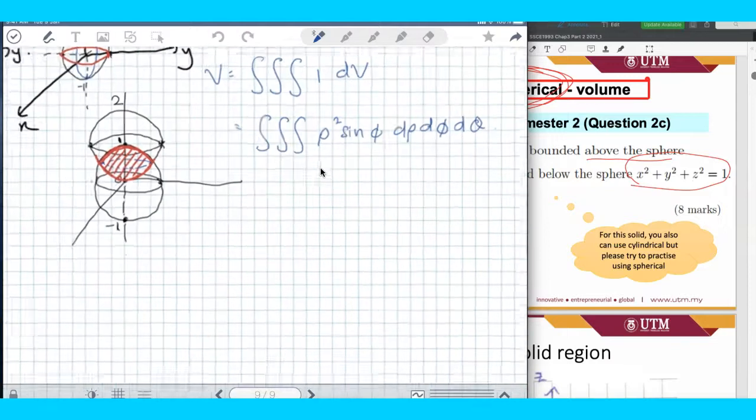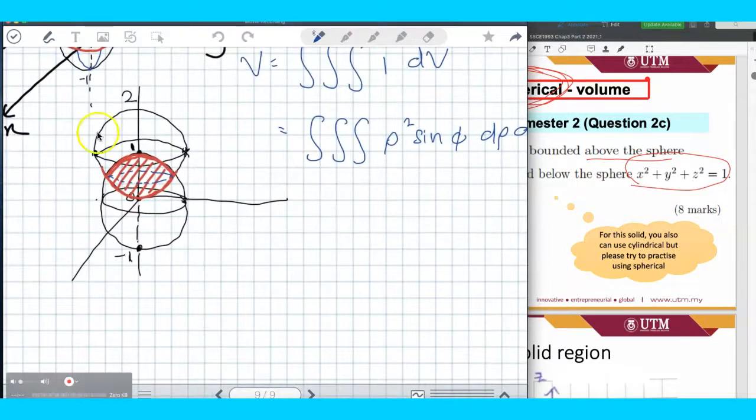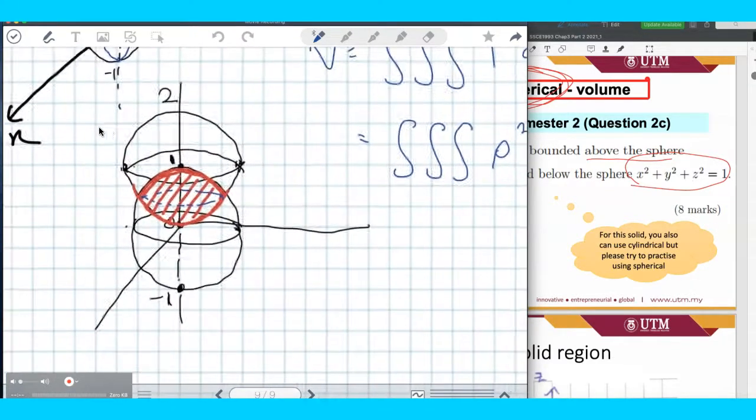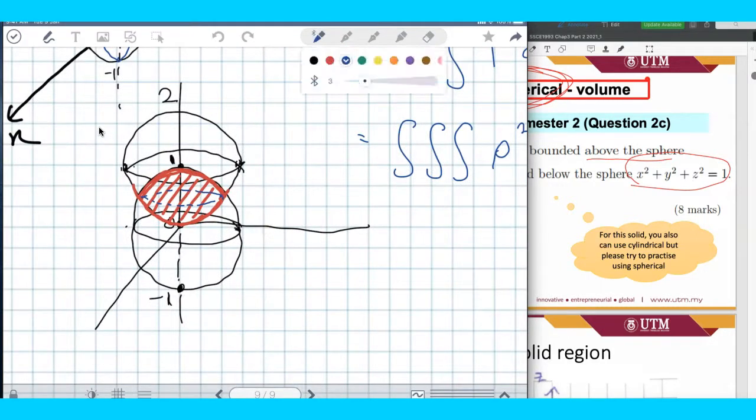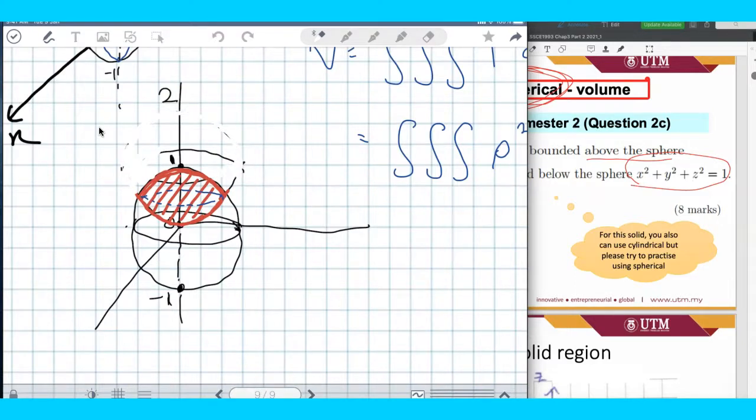About theta: if this is your solid, I have to erase the other surfaces. So I have to erase this, since this is not part of your solid, and this is also not part of the solid.